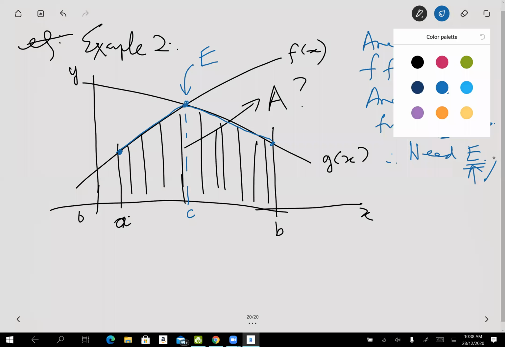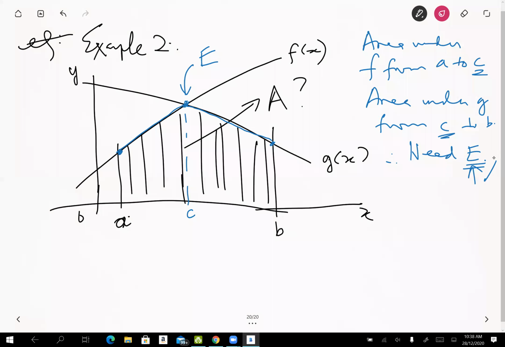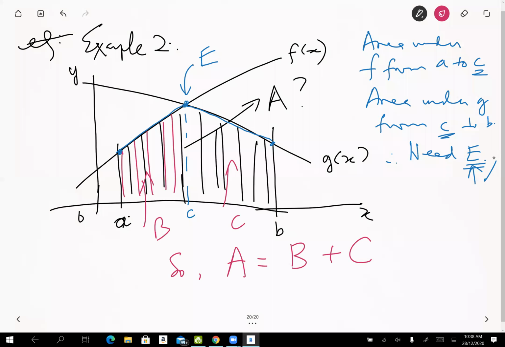So let's call them B and C. We call this area here under F, B. And the area here under G from C to B, we call it C. So your area A is equal to the area B plus area C, and those areas B and C are the areas under the respective curves.